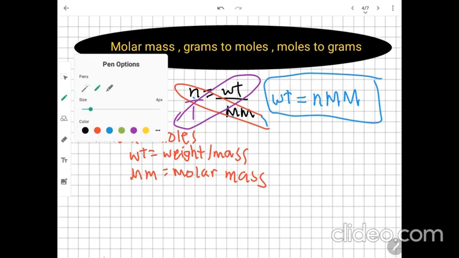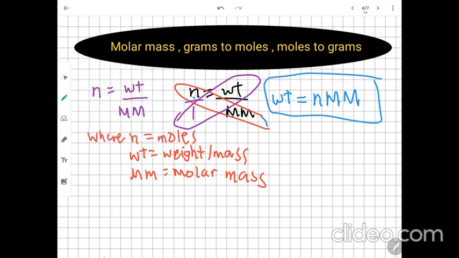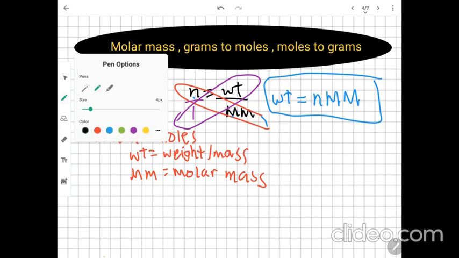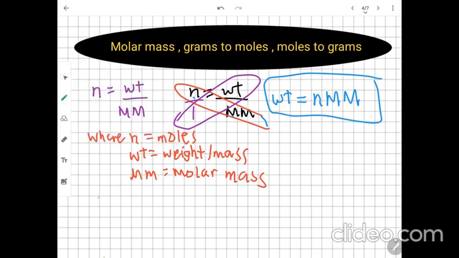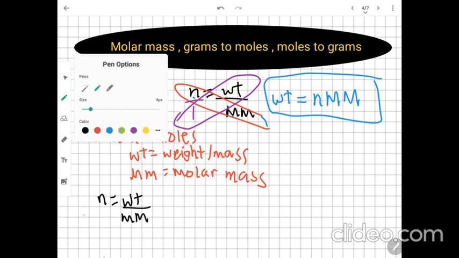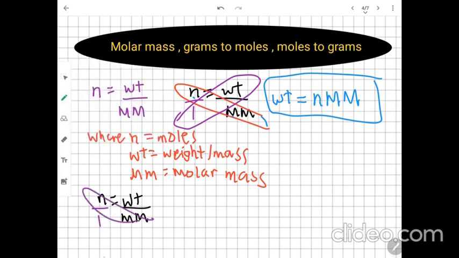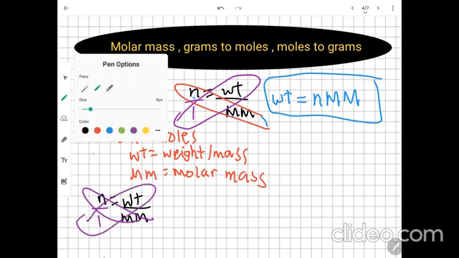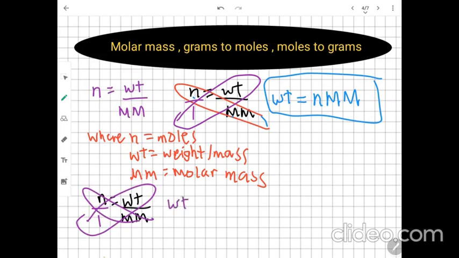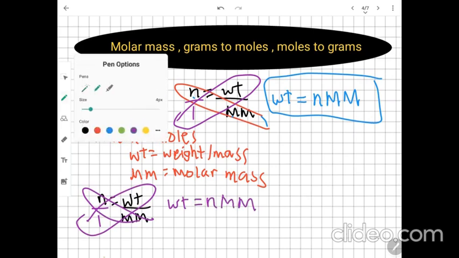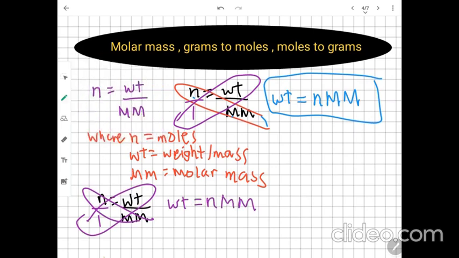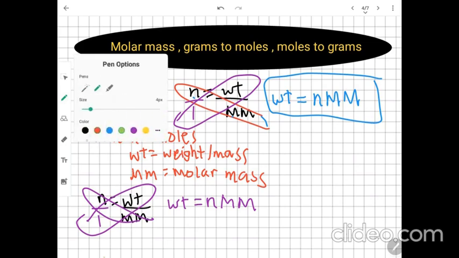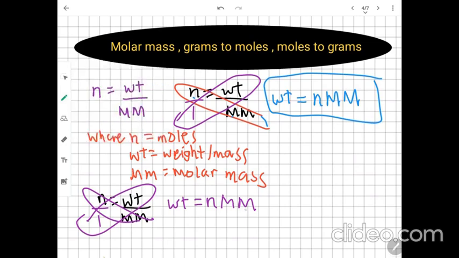With this, we can also get the formula for our molar mass. Let's use black. Let's write again the formula. If we have n is equal to weight over molar mass, first thing that we need to do is to cross multiply. We can now derive the formula for weight, which is weight is equal to n times mm. And with this formula, we can also derive the formula for molar mass. Take note, let's use red. Tingnan mo lang yung katabi ng hinahanap mo.